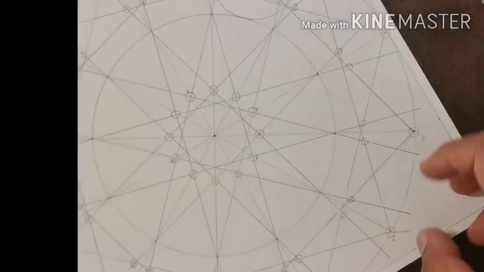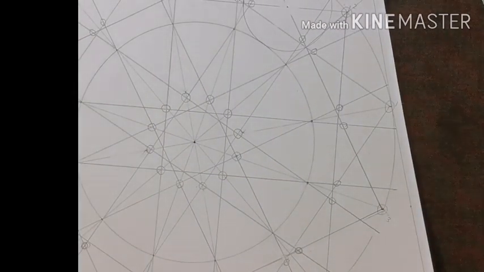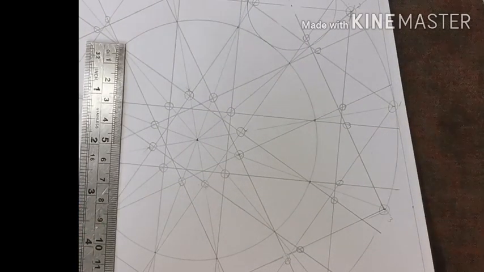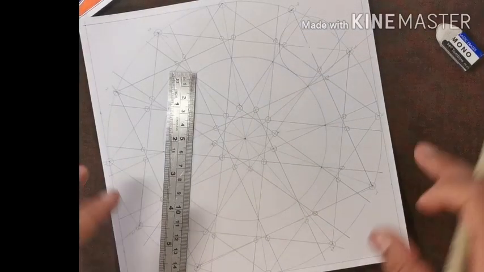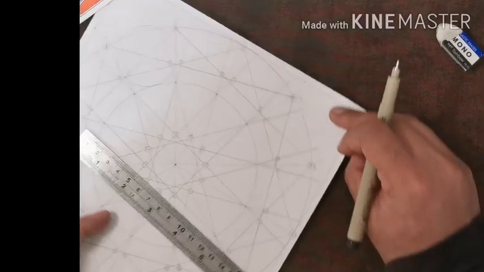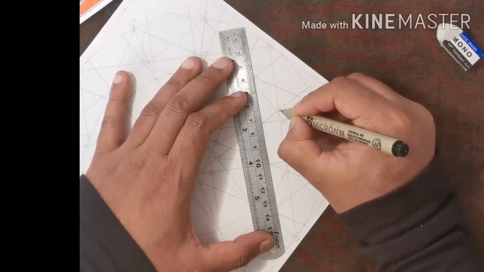Now it is time to draw the lines. We'll take a scale, and if you have a thicker pen, we'll take that thick pen. We will make the drawing. First we will start from 1. See, 1, the marking is here.